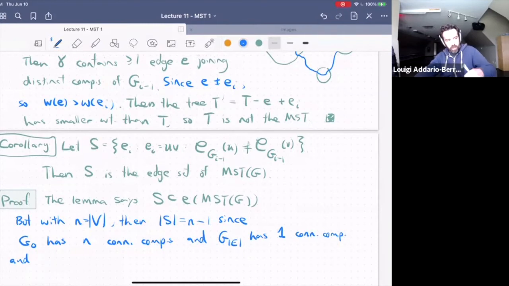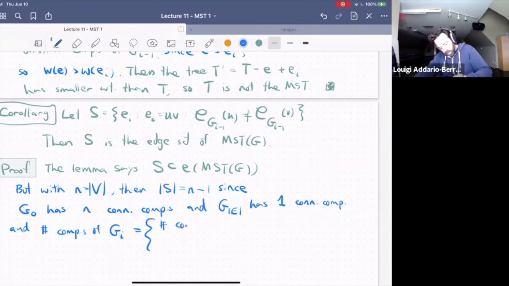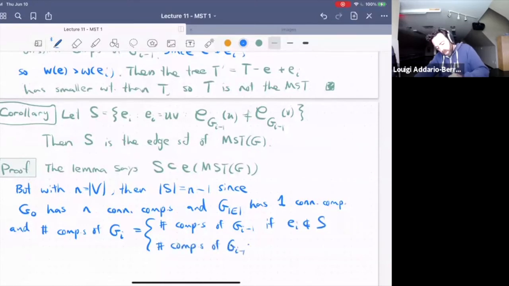Okay, so the number of components of G_i is equal to the number of components of G_{i-1} if e_i is not in S, and it's equal to the number of components of G_{i-1} minus 1 if e_i is in S, right?